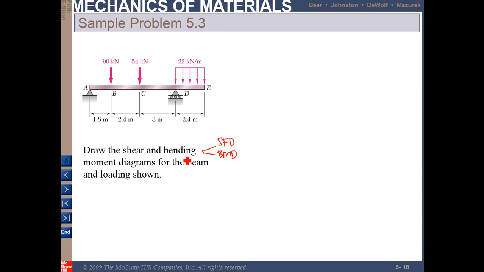Okay, previously we have learned that in order to draw the SFD and BMD, we cut into several sections. So first we cut here at section 1, and then section 2, 3, 4, 5, 6, 7, and then we cut at 9.